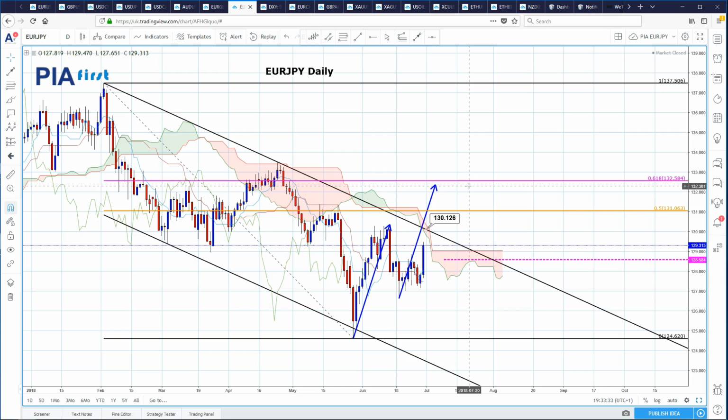We've actually got an ABCD formation target at 132.30. So basically the call next week is to try and buy dips close to the Marubozu for a drive to complete this ABCD correction.